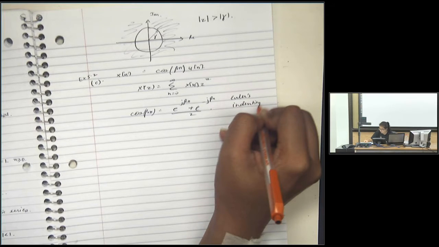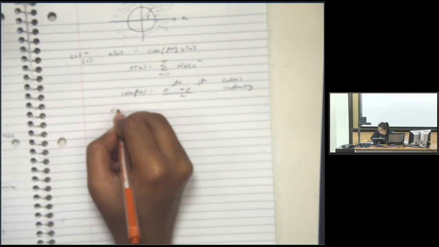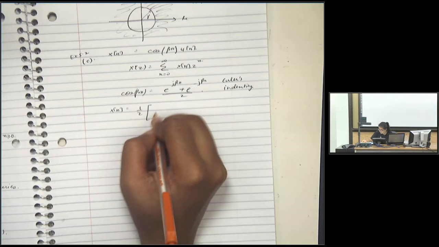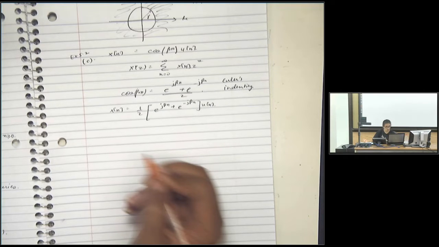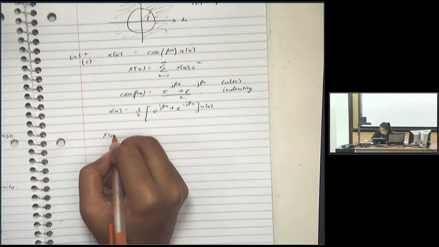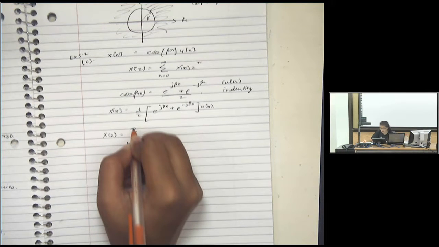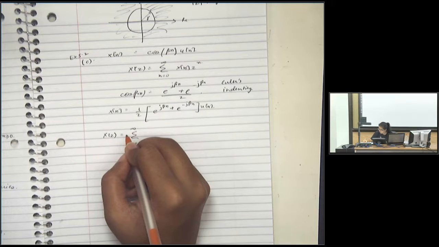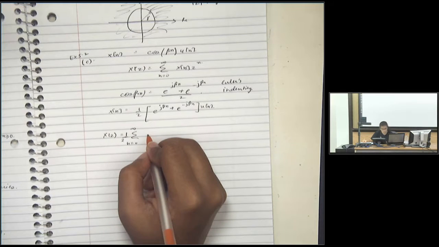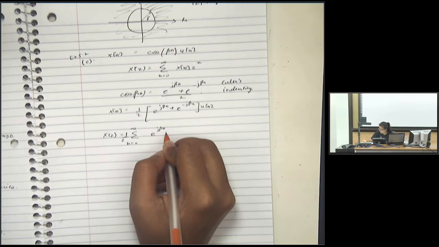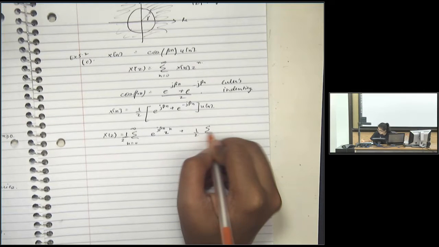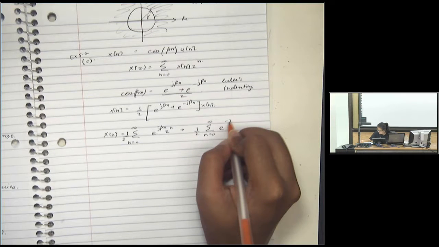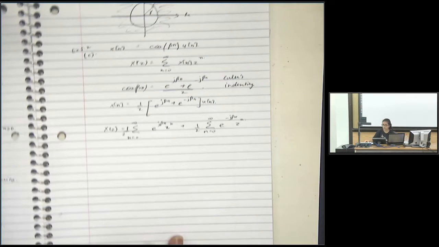All right. So my x of n is now half of e raised to power j beta n plus e raised to power minus j beta n, times u of n. Okay. Now my x of z will be the summation n equals 0 to infinity. I can take my half outside, keep it as a constant, and I'll have e raised to power j beta n z to the minus n, plus half summation n equal to 0 to infinity e raised to minus j beta n z to the minus n.